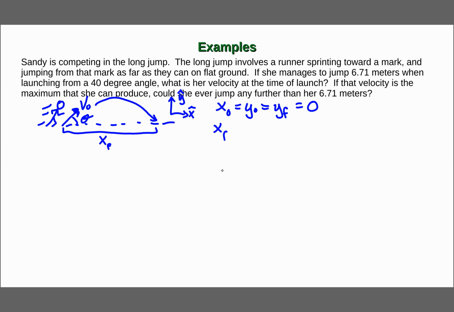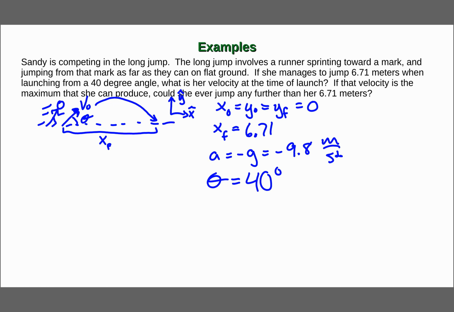We know that x final equals 6.71 meters. We know that a equals minus g equals minus 9.8 meters per second squared. And we know that theta equals 40 degrees. And the question is, what is v naught?